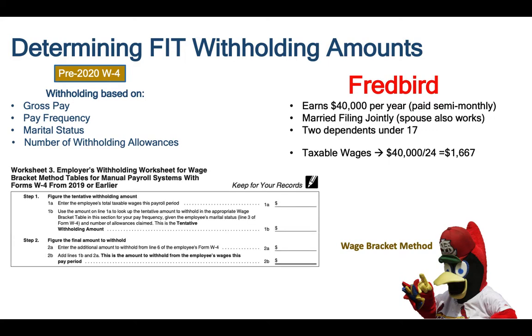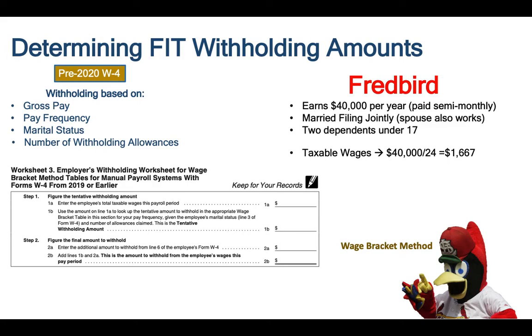Within Publication 15T, there is Worksheet 3, Employer's Withholding Worksheet for Wage Bracket Method for Manual Payroll Systems with Forms W-4 from 2019 or earlier. First of all, we see Step 1: figure the tentative withholding amount. 1A, enter the employee's total taxable wages this payroll period.